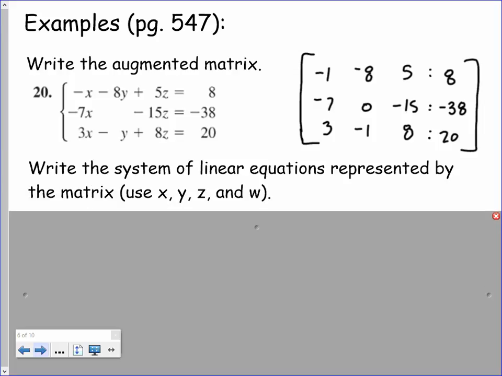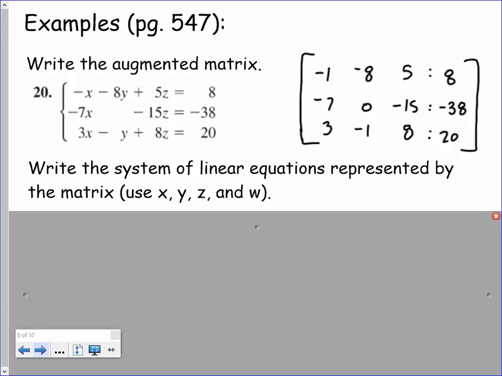Okay, so my next example is going to ask you to write the system given the augmented matrix. So if I give you an augmented matrix, can you tell me what the linear system was? Now, in the textbook, it will say use x, y, z, w. That just depends on what the augmented matrix looks like.